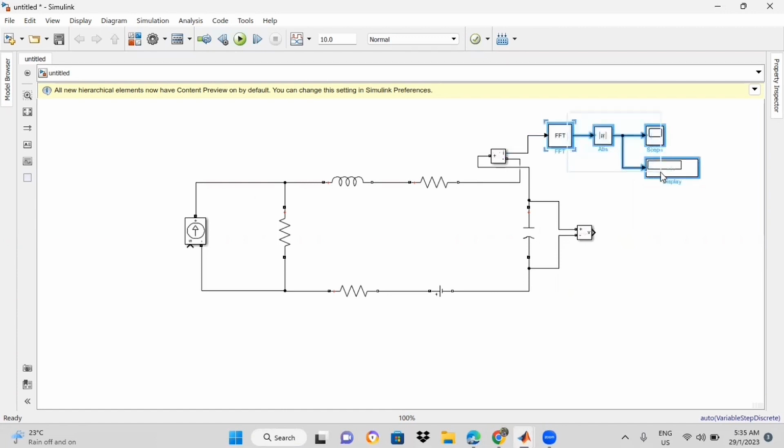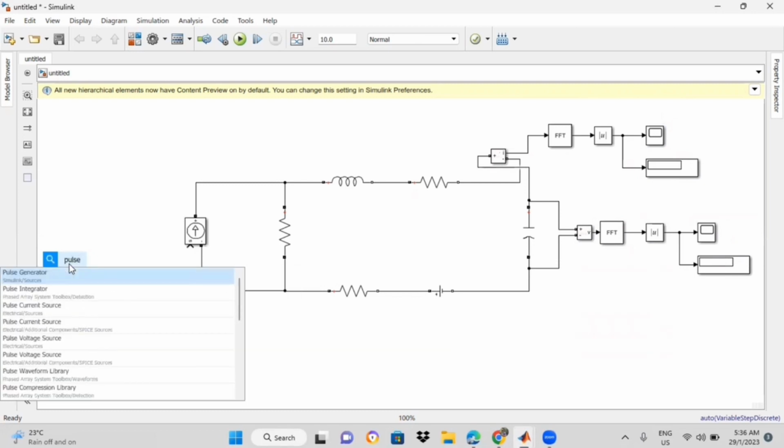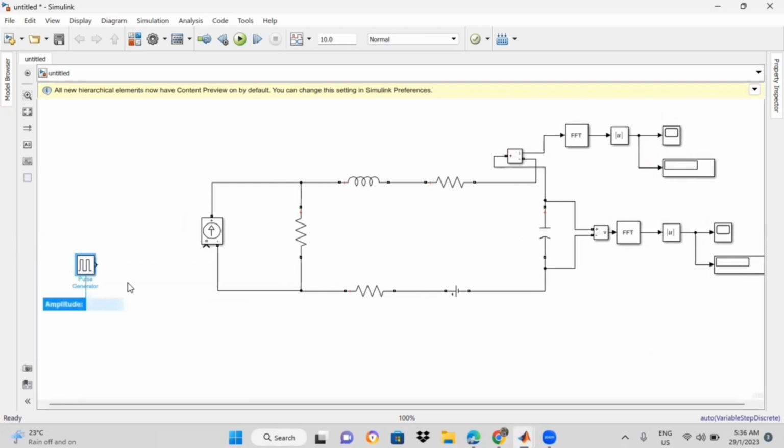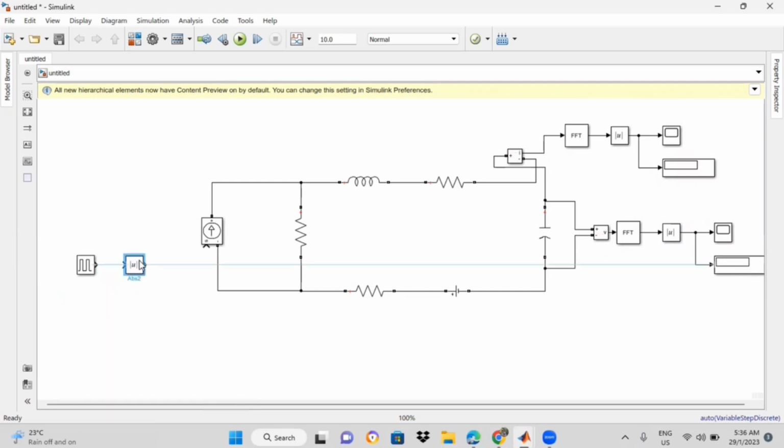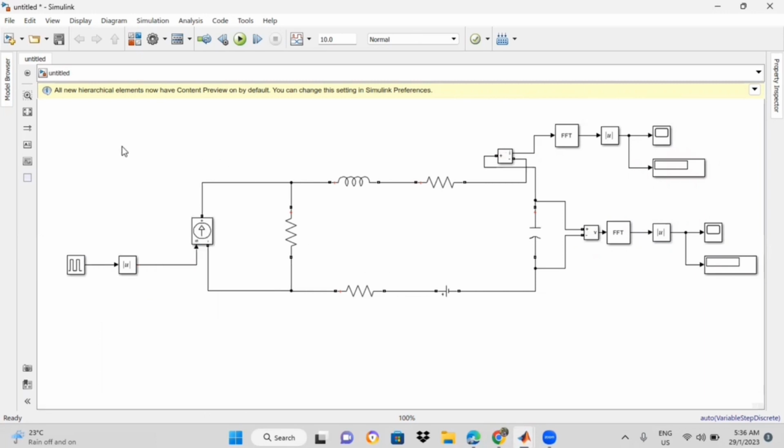The same as the current measurement or ammeter, we need to install FFT, ABS, scope, and also display for the voltage measurement. Next, for the controlled current source, we need to connect it with the pulse generator and ABS. So we only need to search for the components and connect them properly.